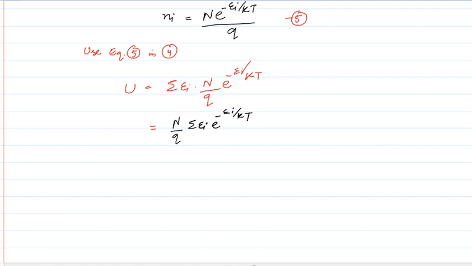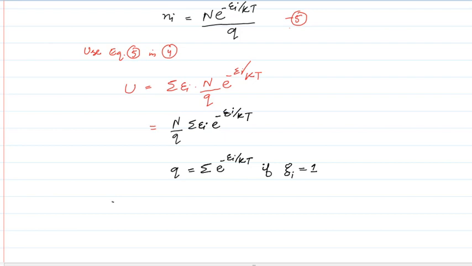So the partition function is basically equal to summation e raised power minus Ei upon kT, if here Gi, that means degeneracy, is simply equal to 1. So we can differentiate this relation with respect to temperature.